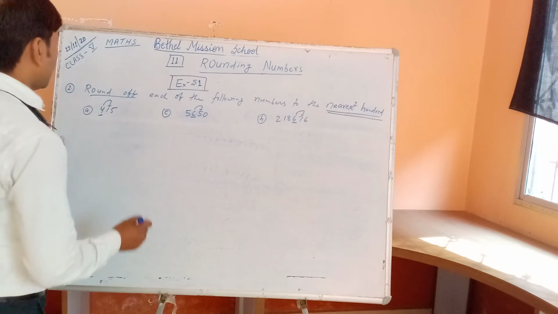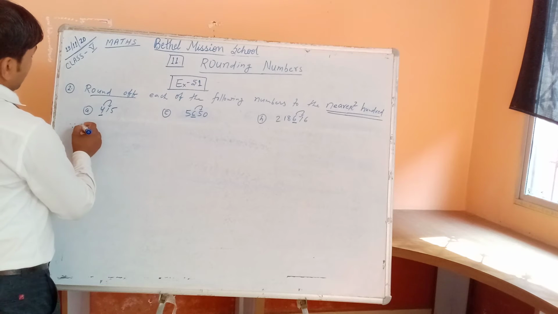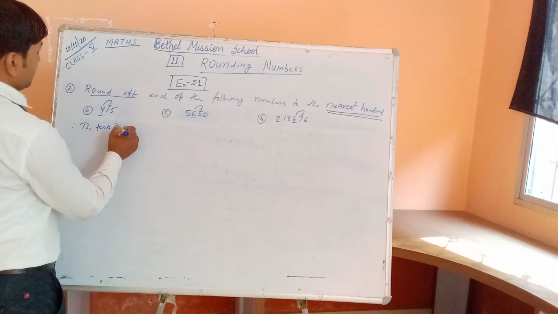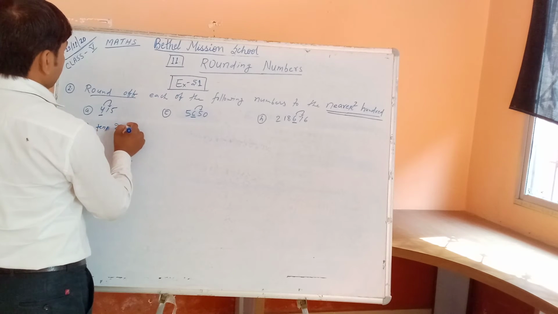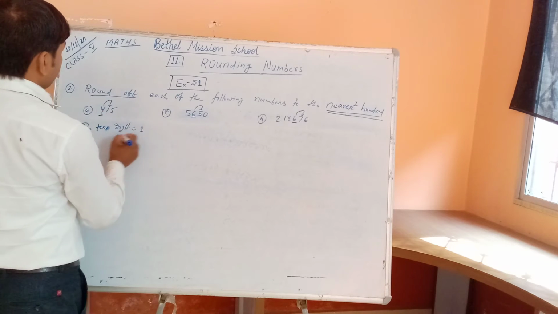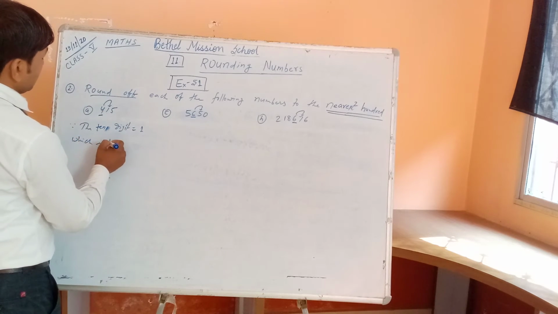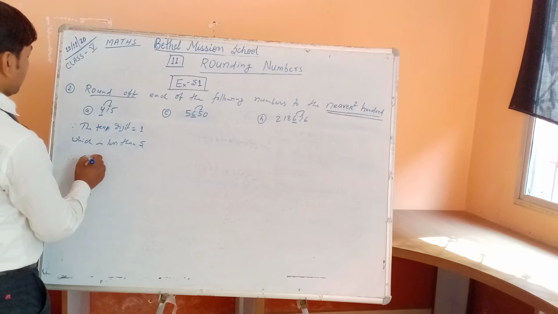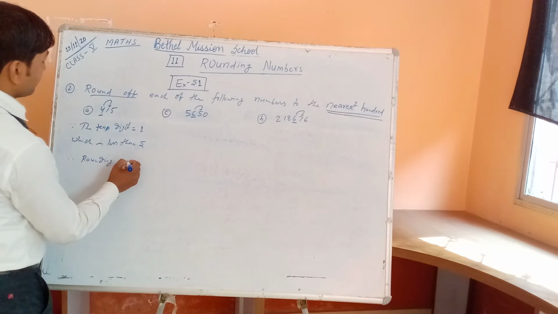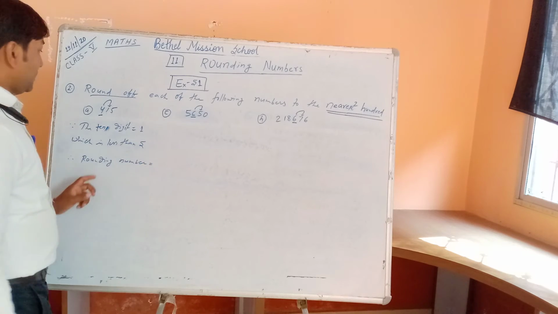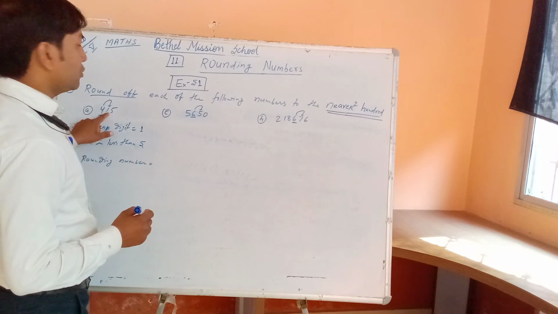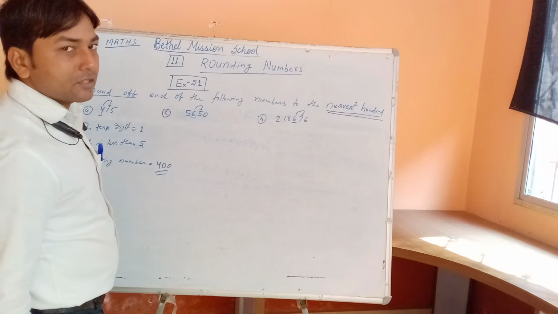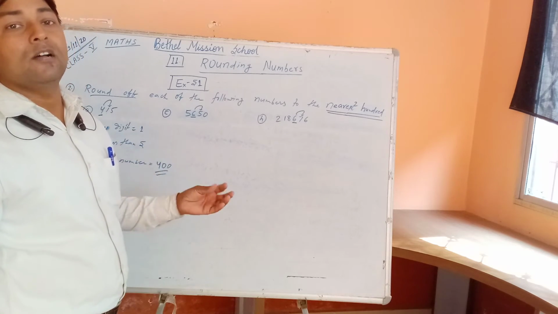Okay, here write down first: since the tens digit is 1, which is less than 5, the rounding number stays the same and it becomes 400. The rest becomes 0, meaning the ones place and the tens place become 0.